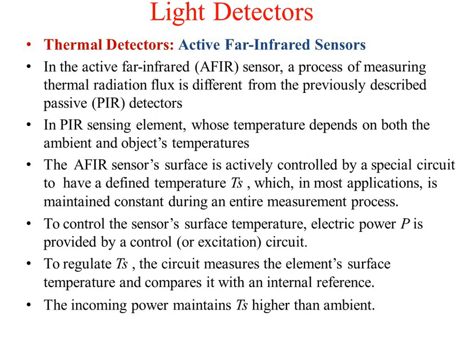Now there are also thermal detectors called active far infrared sensors. The active far infrared sensor process of measuring the thermal infrared flux is different from the previously described PIR sensors. So for active infrared, that is AFIR, the processing is different from PIR sensors.